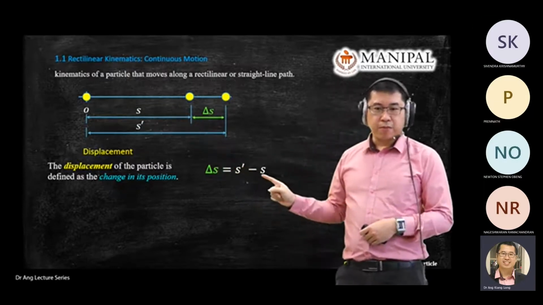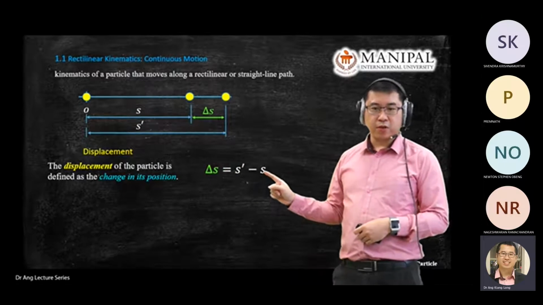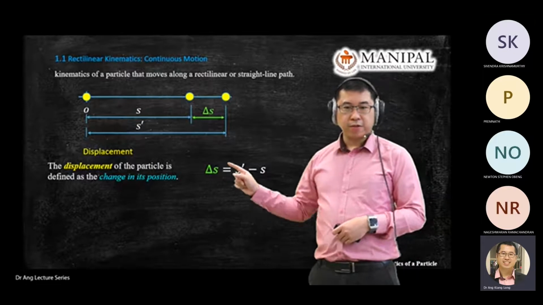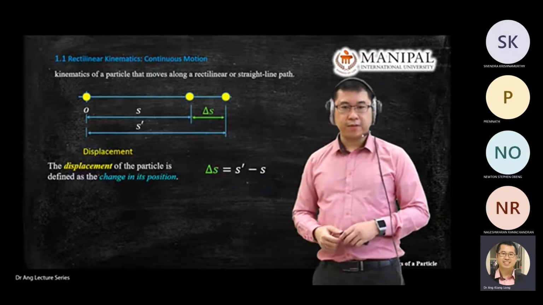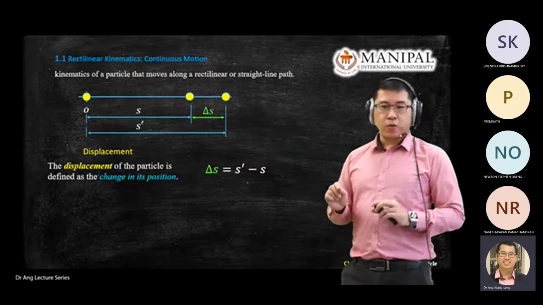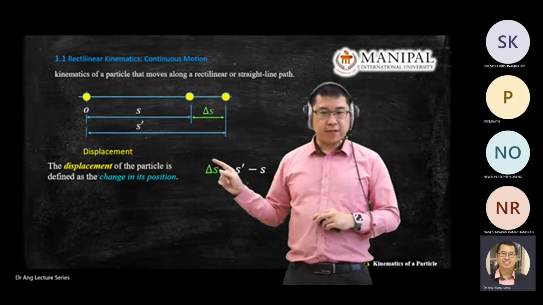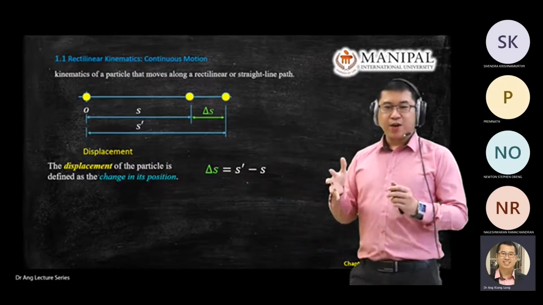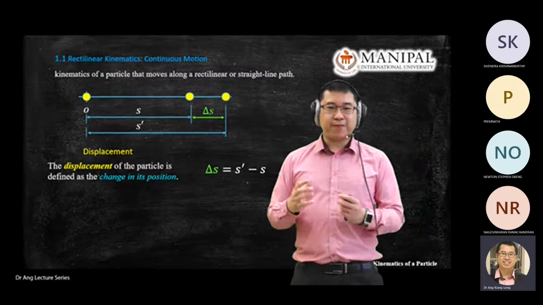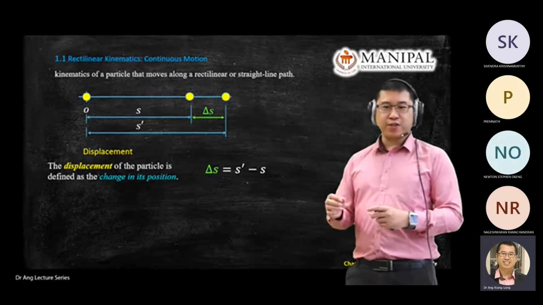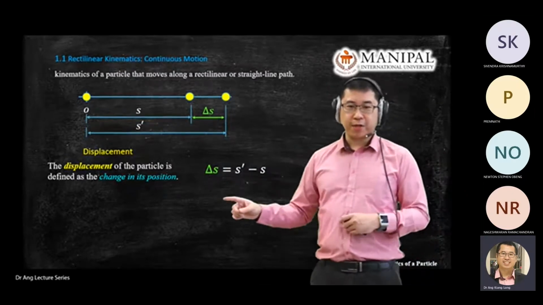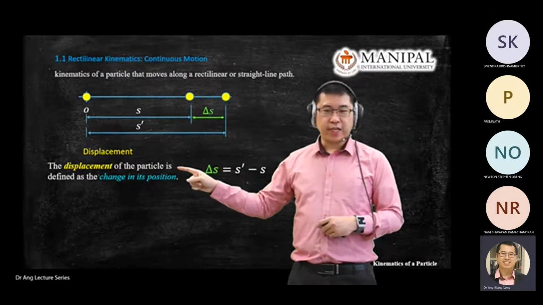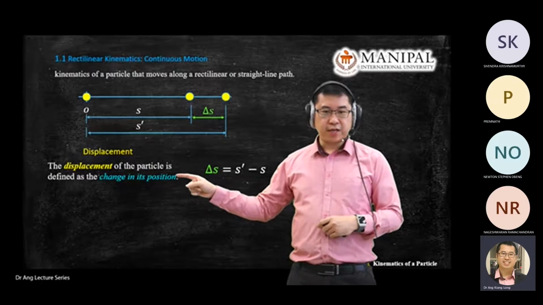S is measured from the initial position O. S prime is also measured from the origin position. So bear in mind, when you solve kinematics problems, always know where your origin is. Starting today, always know where your zero is, because it will give you the answer for location, for your position, and also displacement.